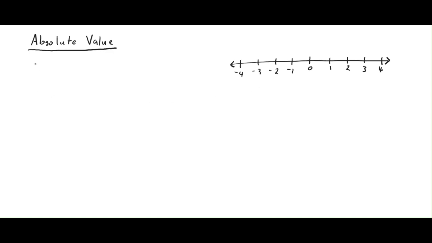Okay, so basically an absolute value, first of all, is always positive, and we denote absolute value using these special vertical brackets, like this. So if I stick some number inside of there, like what's the absolute value of 3? Well, that's just a positive 3.